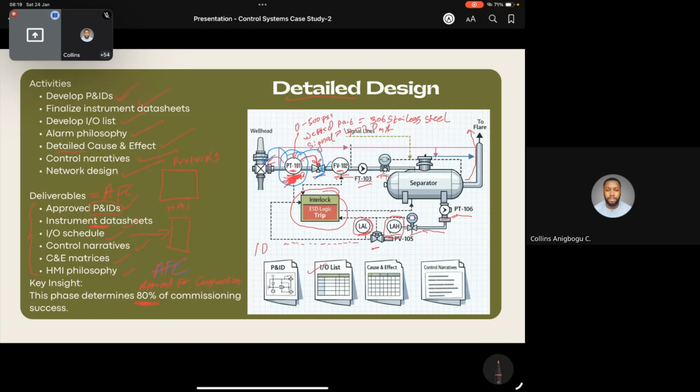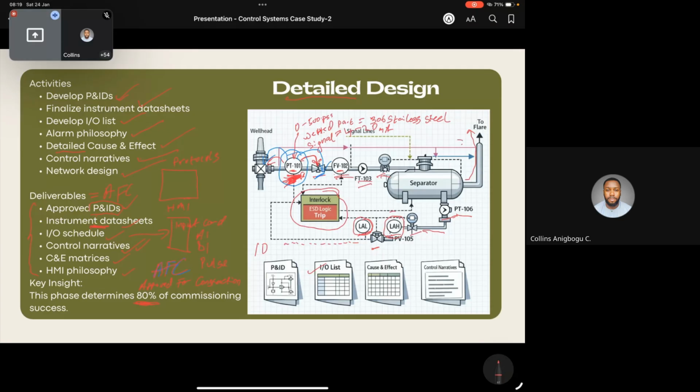So let's say it's going to some kind of input card, whether analog input or digital inputs, right? Or even if it is pulse, right? And then you have your control narratives, a document that explains in detail how you are carrying out the control.